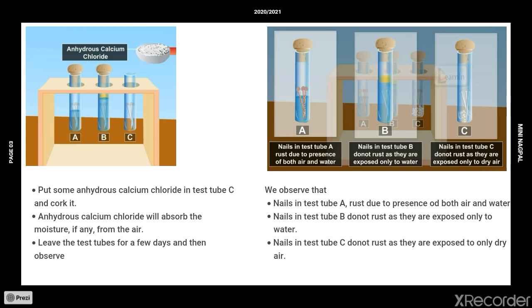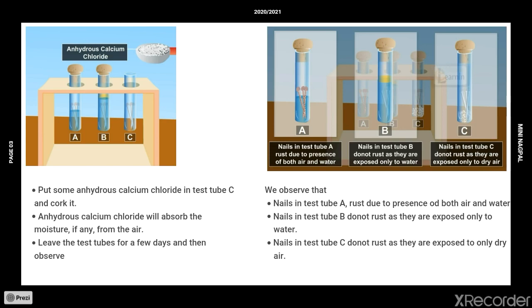Moisture is there, but because of the absence of oxygen it does not rust. In test tube C we have not poured any water, so no moisture is there. Even the moisture which was present in the air has been absorbed by anhydrous calcium chloride. So we see that the iron nail does not rust even in test tube C.